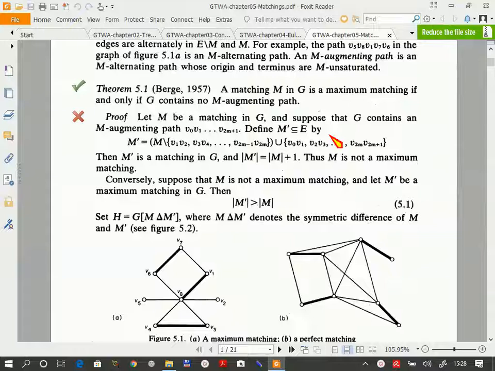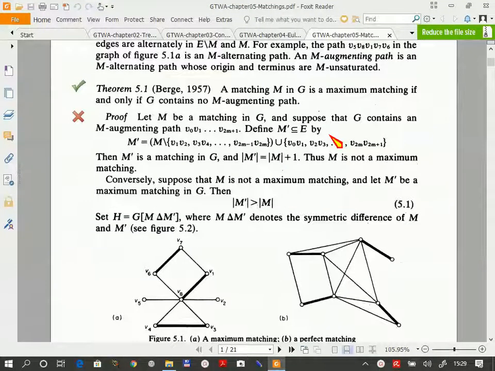But if these two are not saturated, it means that also the other edges coming here are not in the matching.